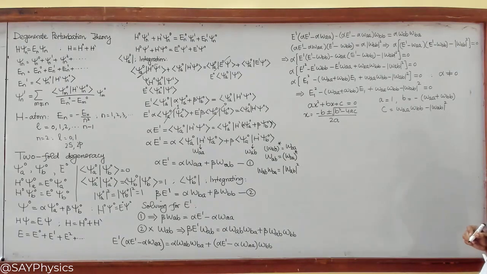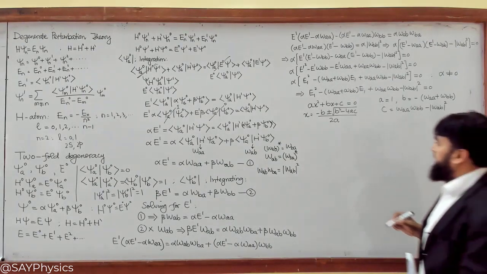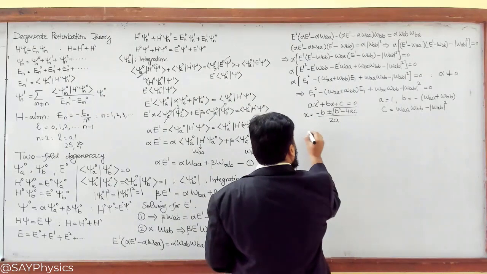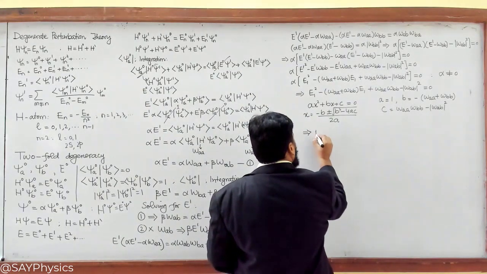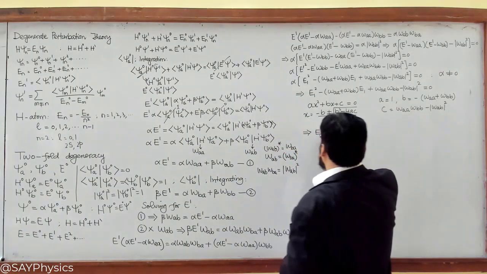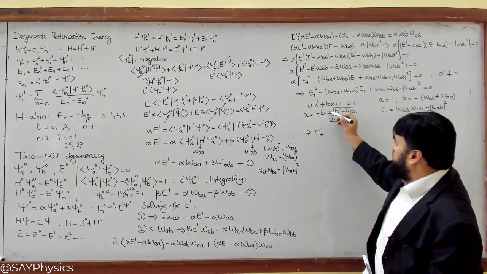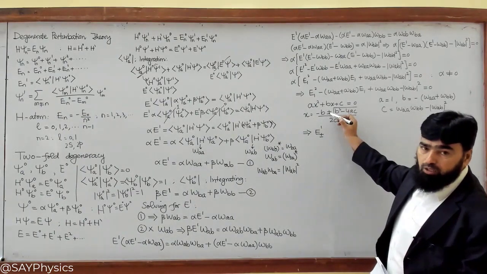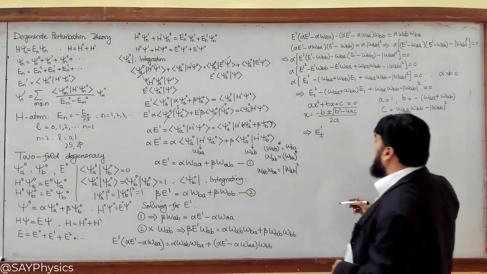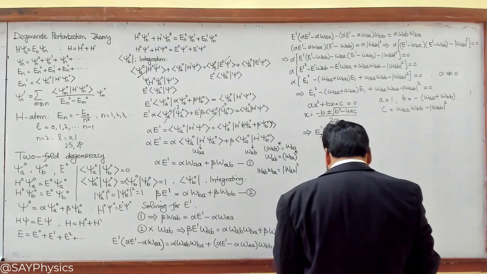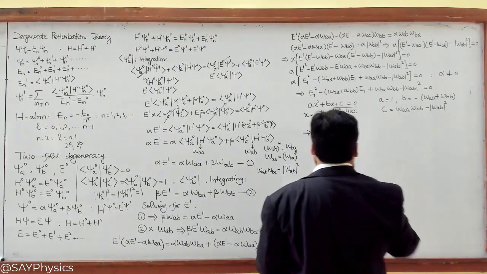This is equal to c. So I can write that E1, with a plus and minus, because we will have for the plus one root and for the minus another root, the value of E1.